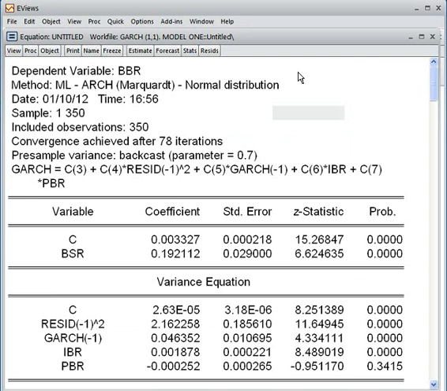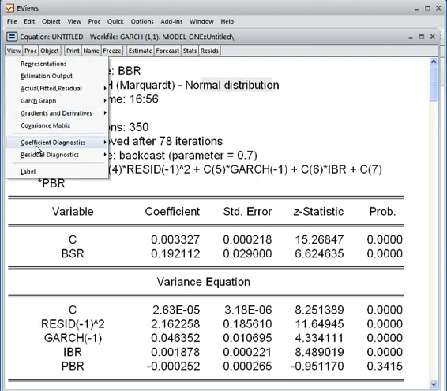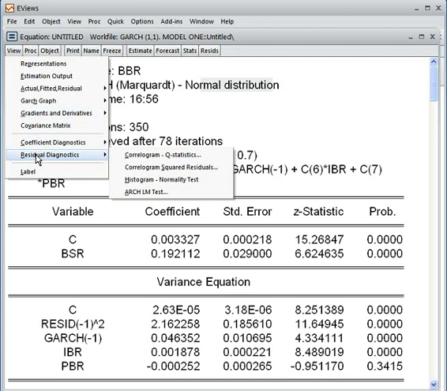First I check this model, where the distribution is normal, for serial correlation. How to check? I go to View, then Residual Diagnostics, then Correlogram of Squared Residuals.